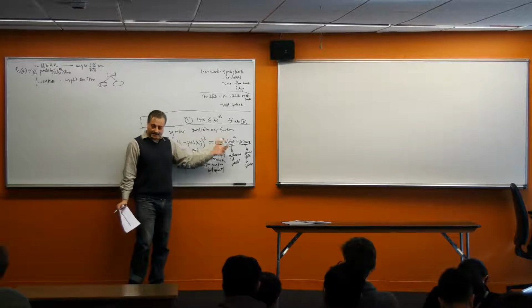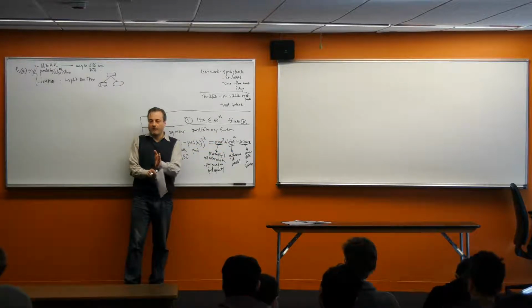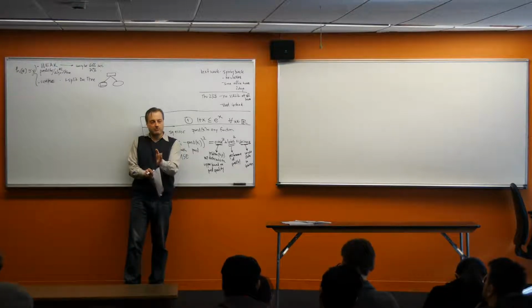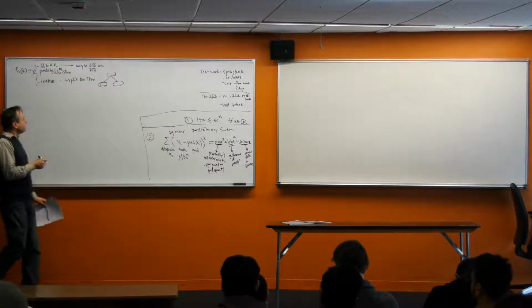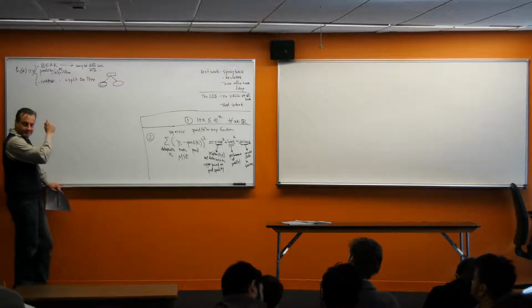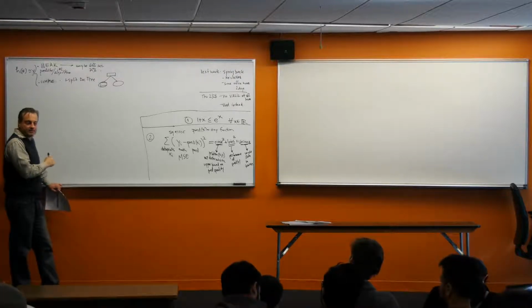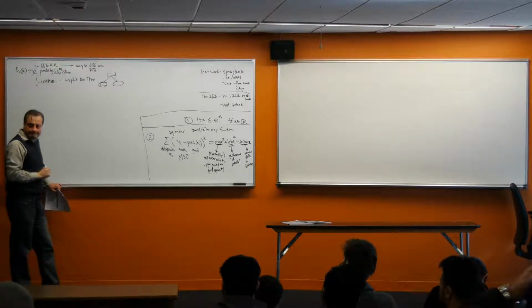I didn't say what bias is mathematically, but bias is on average how far away my prediction is from the truth. That's exactly the error. So the question is, can I use a bunch of these weak learners or weak predictors to improve the bias?